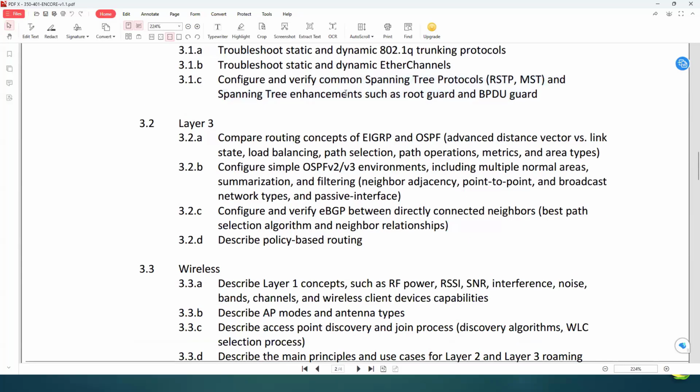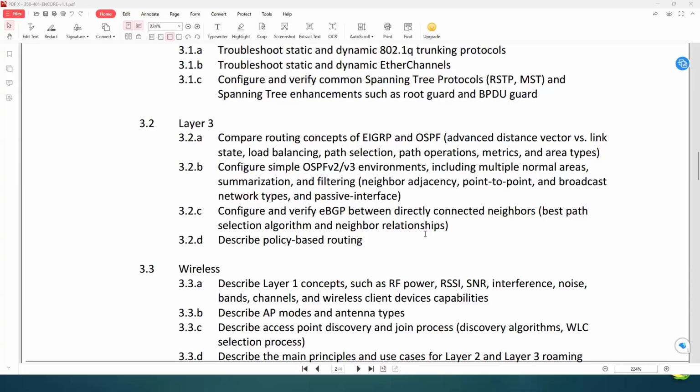Then comes the routing. In the routing, you can see that although ENARSI, another exam that is part of the CCNP certification, called Enterprise Networking Advanced Routing and Services, right? Definitely you get much more in-depth routing details in the ENARSI certification.